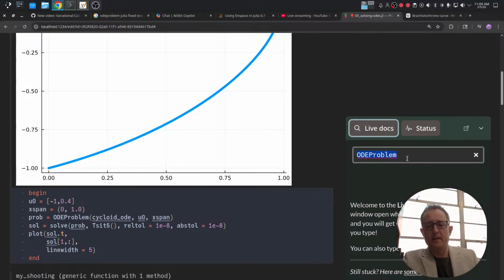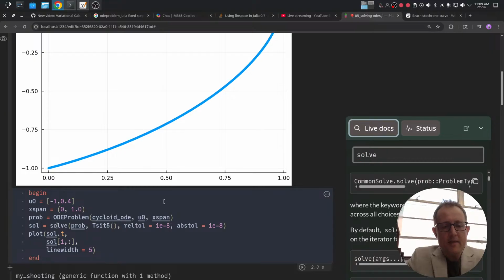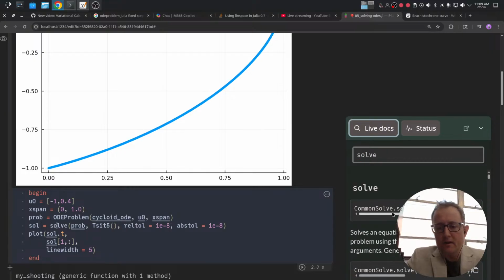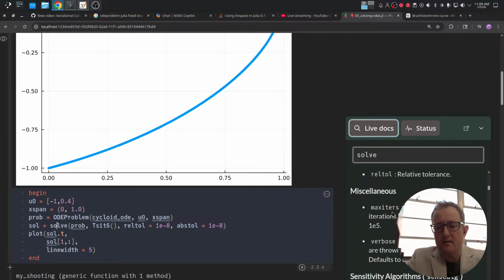I create this thing in the ODE problem. If we look at the live docs, it's specifying that I have a differential equation. It's assuming that it's a function of time, but time and space are interchangeable, it's just math. We can swap out x versus t. And then this solver is coming down here.